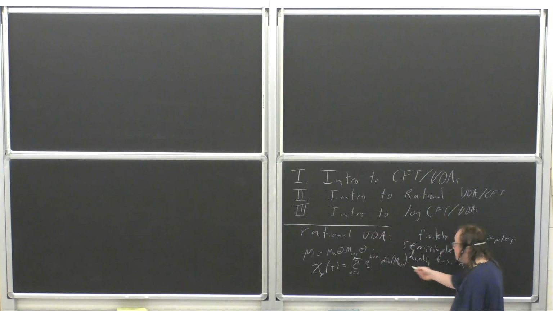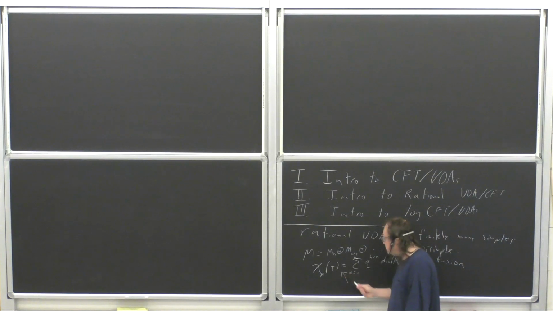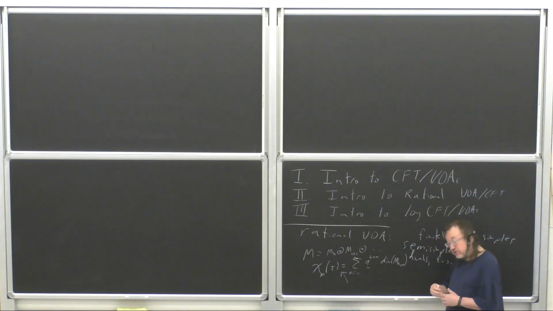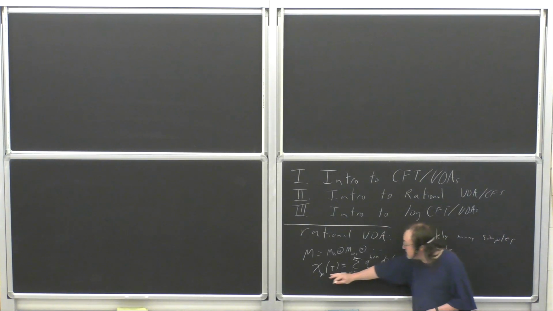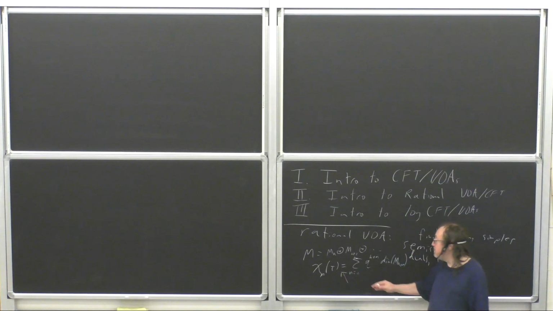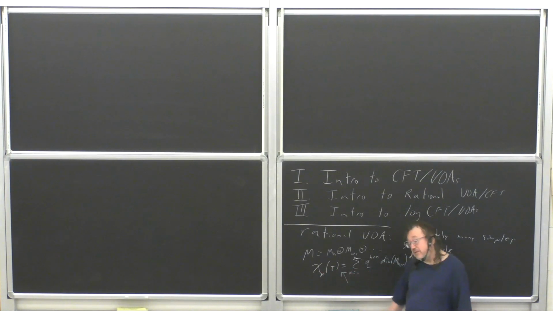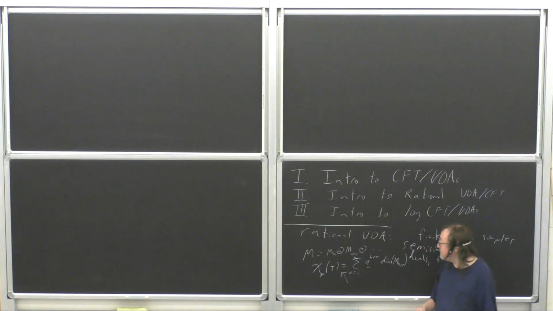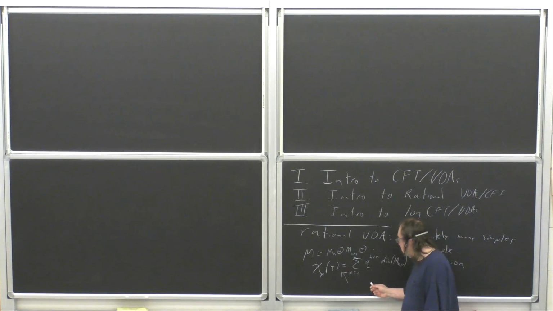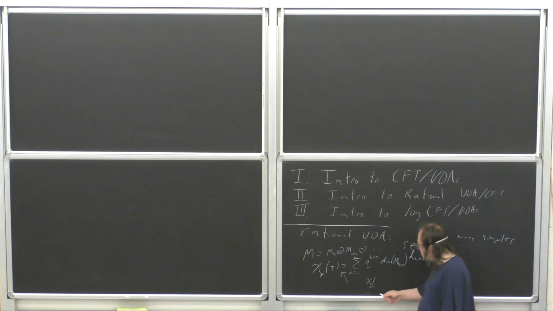But of course these have properties, and these are modular forms, or more precisely, vector-valued modular forms. The span over the complex numbers of these finitely many characters is closed under the action of SL2Z by fractional linear transformations. So for example, you have this relation. If you take your favorite module, you can substitute in minus 1 over tau.